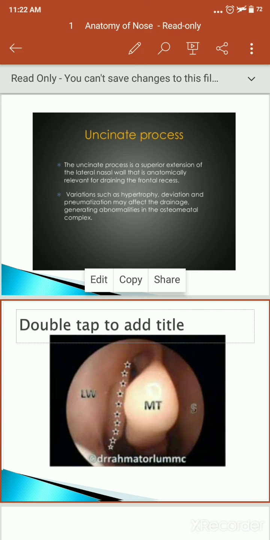There are certain variations such as hypertrophy, deviation, and pneumatization, and it may affect the drainage of frontal sinus, and it generates abnormalities in the osteomeatal complex.